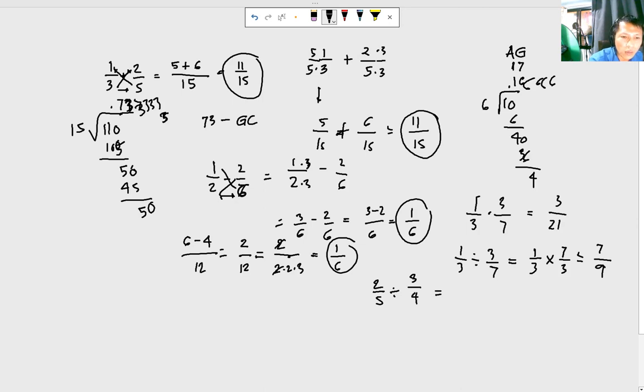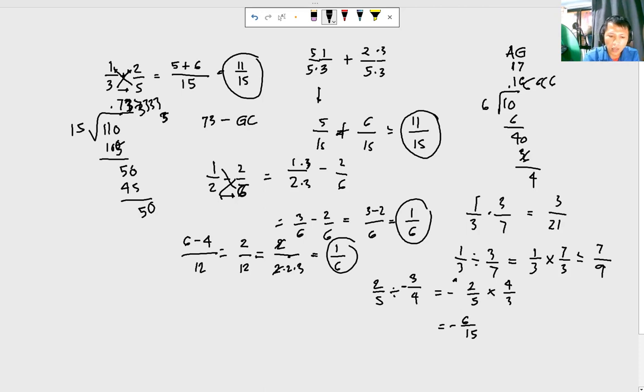So your answer should be negative, because this is a positive and this is a negative. So that must be a negative final answer. And then you can remove all the negatives and just treat them as positive. So 2 times 2 all over 5 becomes times 4 all over 3, flipping it. So you have 2 times 4, that is 8, and 5 times 3 is 15. Okay, so your answer is negative 8 all over 15.